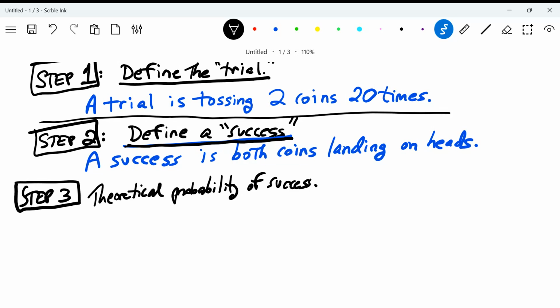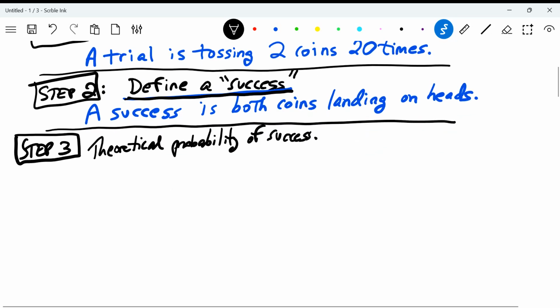Step 1 is what we're going to do. Step 2 is what we want to get. And now for step 3, let's determine the possibility of actually getting that. Theoretical means what should happen, not what actually does. Steps after this we'll go and do what actually is.